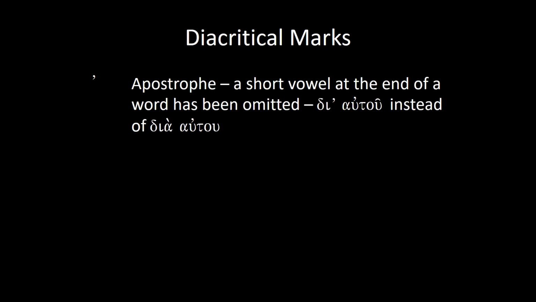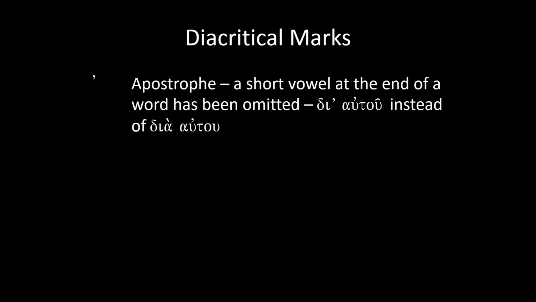All right, a few other marks, diacritical marks, pointing out the distinction types of marks. So an apostrophe looks just like an apostrophe. If you had a word and you were going to stick it next to another word, and as a result you had to eliminate one of the letters.